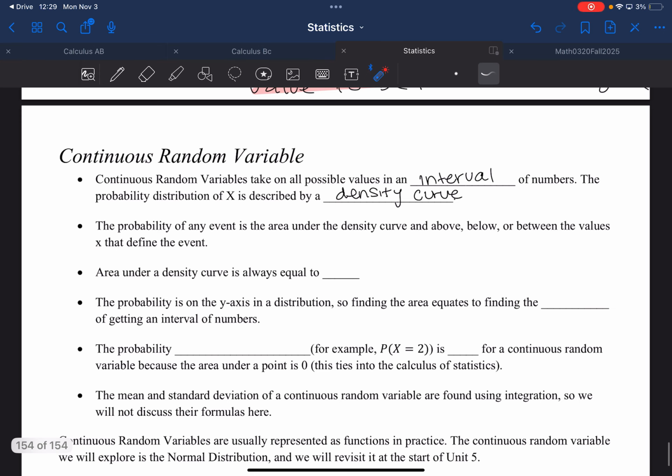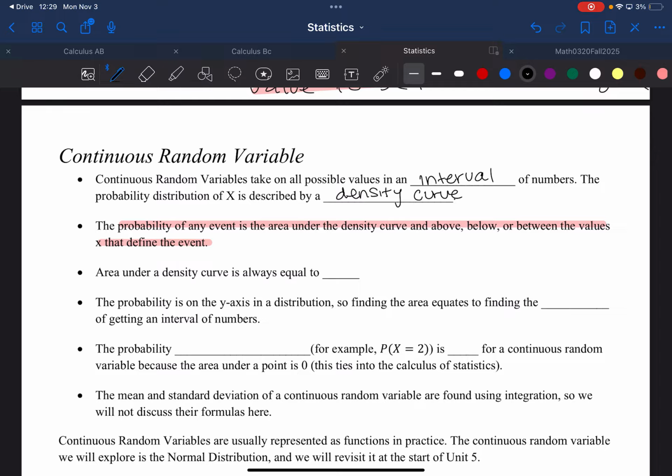The probability of any event is the area under the curve. So I would highlight that. The probability of any event is the area under the density curve, and above, below, or between the values of x that defines that event. So if the area under the density curve is the same as the probability of an event, then the area under the density curve should always equal what?